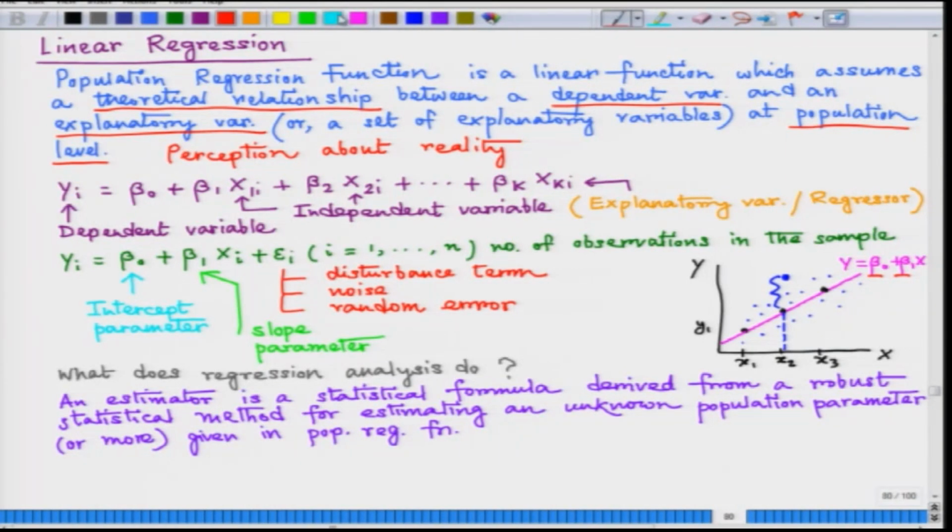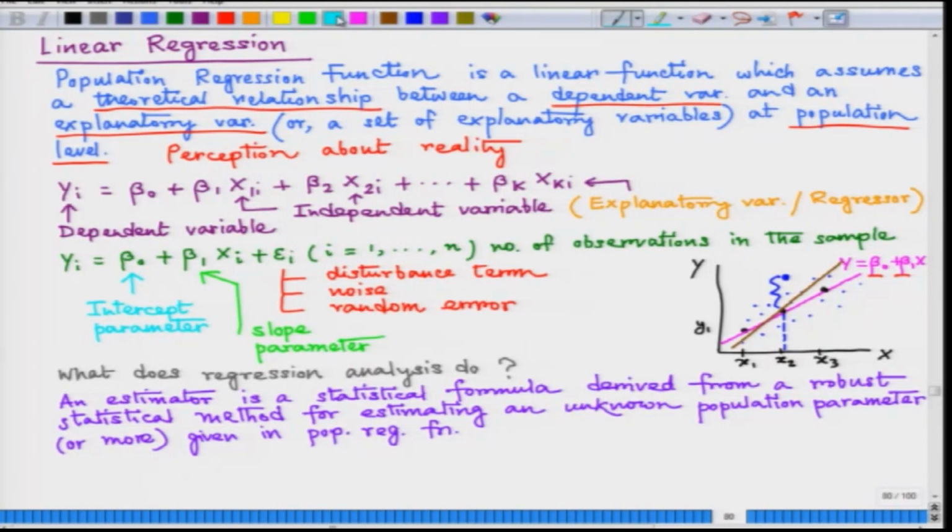We are saying that we do not know the true parameter values, but we can adopt some statistical method to come up with an estimator, so that we can fit a straight line through the data.